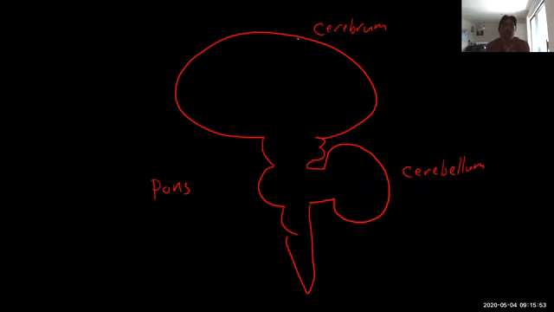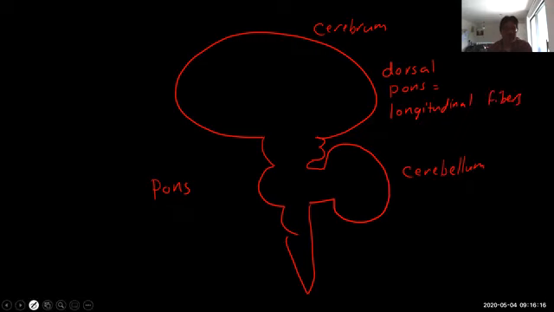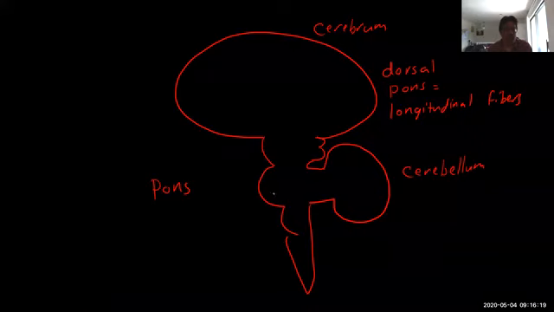Now, depending on where you're at in the pons, the fibers go in different directions. For example, on the dorsal pons, the part that's back here, these are having longitudinal fibers. What that means is that these fibers are coming from the spinal cord and from the lower brain.